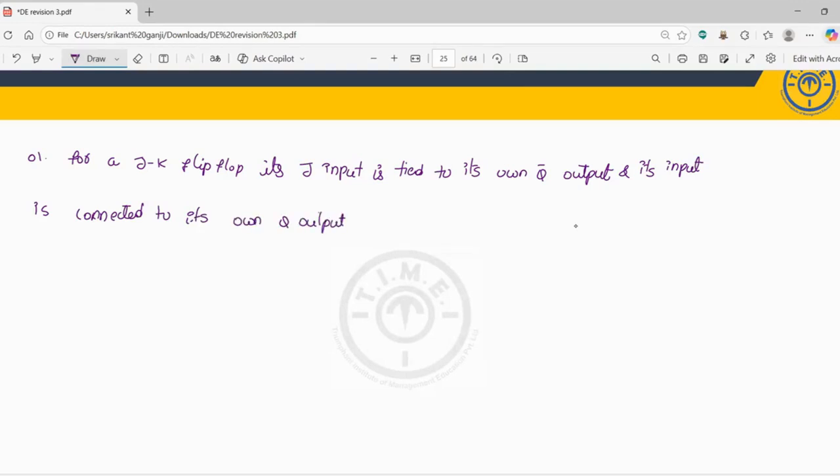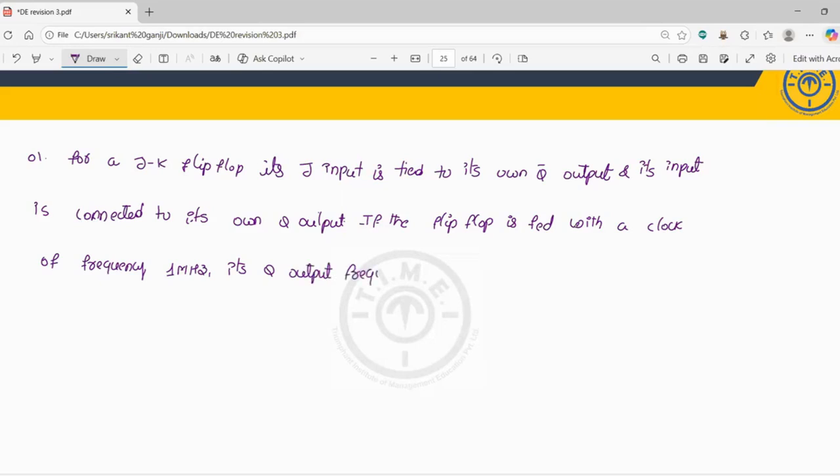If the flip-flop is fed with a clock of frequency 1 megahertz, its Q output frequency will be?